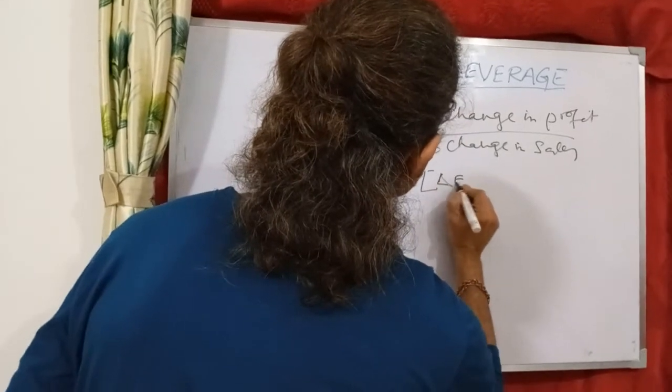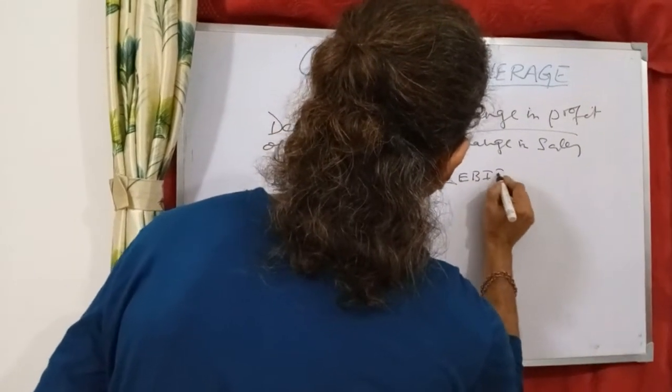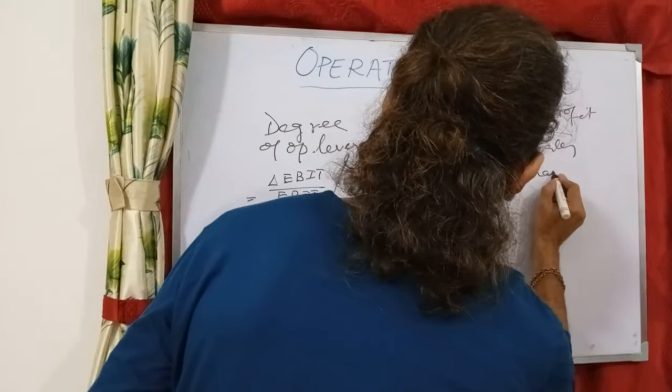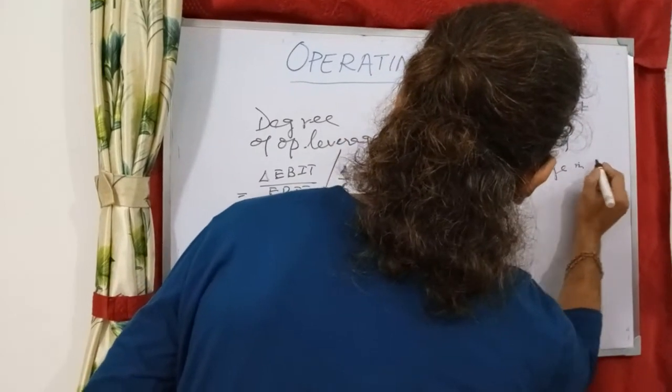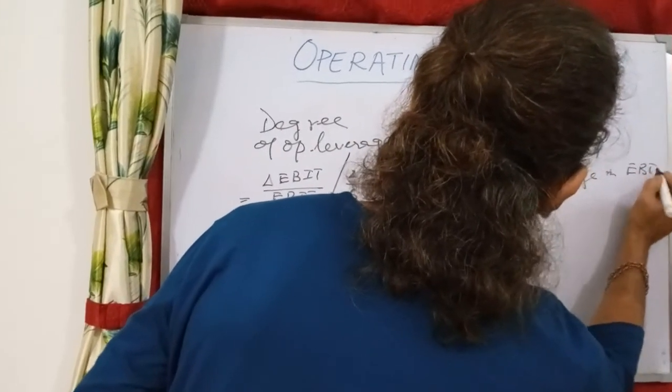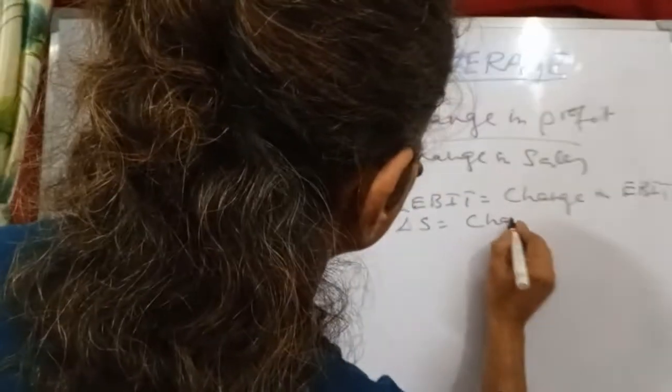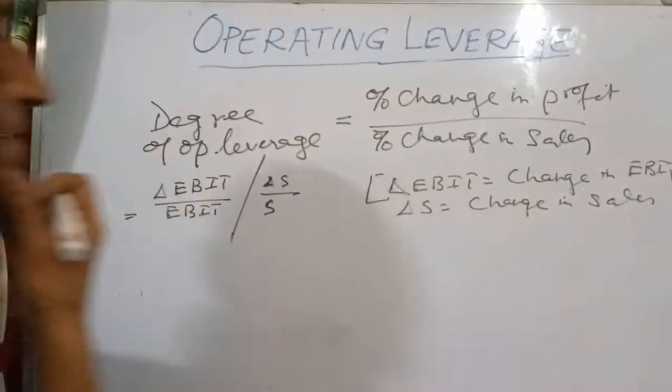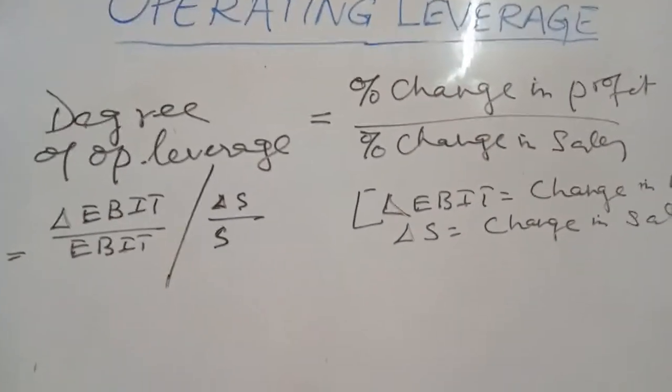Delta EBIT is the change in EBIT and delta S is equal to change in sales.